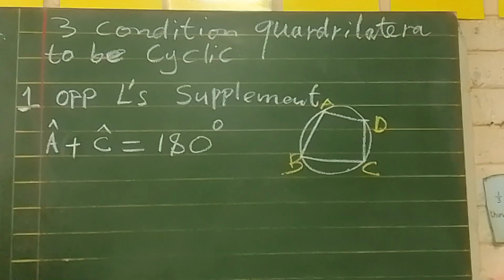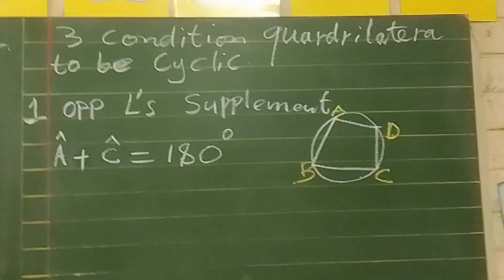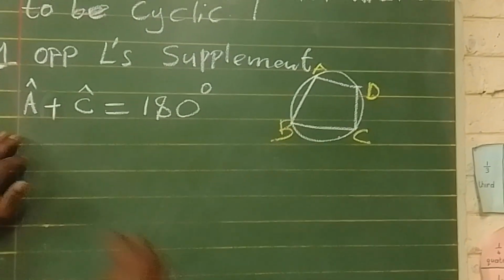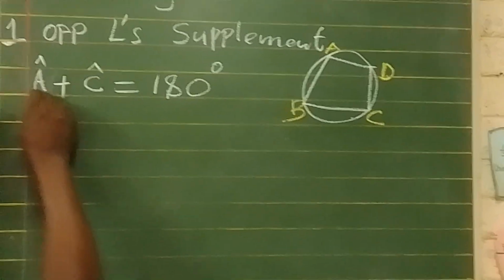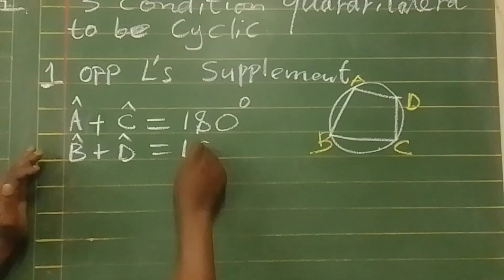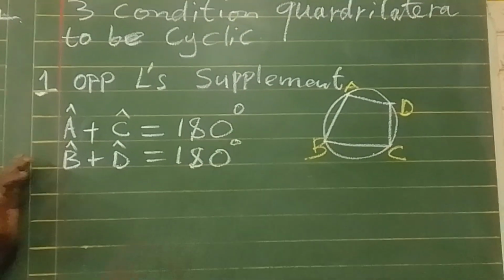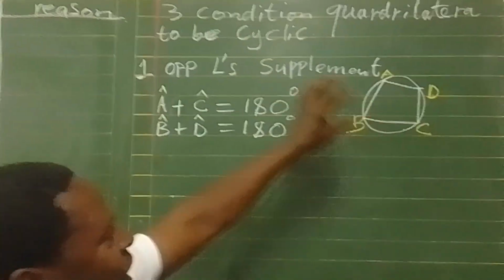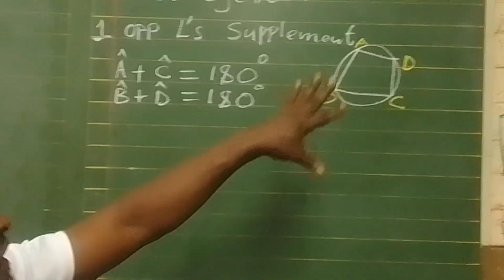When you supplement, you equate to 180 degrees. So this and that is an opposite angle. And B plus D combined together, you must get 180 degrees. Now then, this qualifies to be a cyclic quadrilateral.